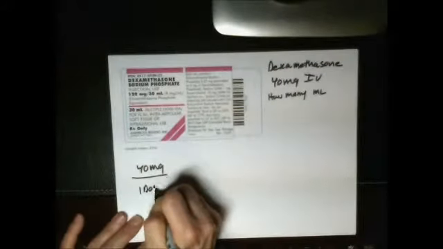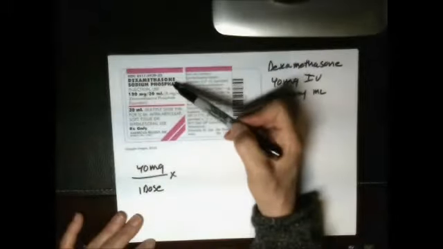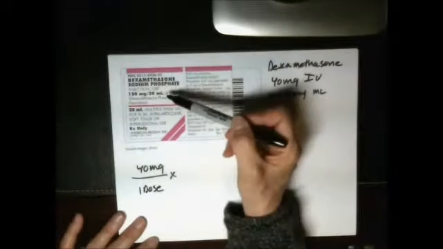Our next problem is dexamethasone, 40 milligrams IV. We want our answer in milliliters. On the left hand, organizational formula, I'm going to put the order 40 milligrams in one dose. Next, I'm going to go to the pharmacy, find out what I have in the pharmacy.